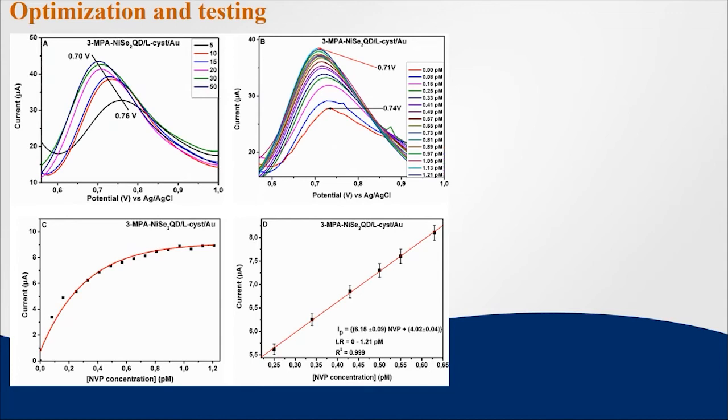Also, efficiency is very important. So now, looking at what we have produced here, we were able to draw a curve indicating all these concentrations that we included when we were doing the detection.